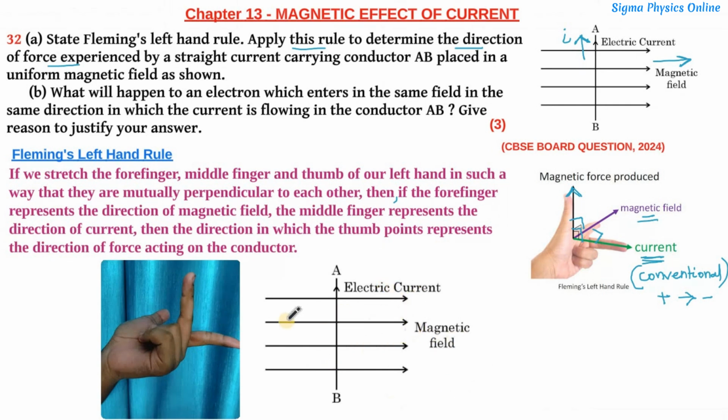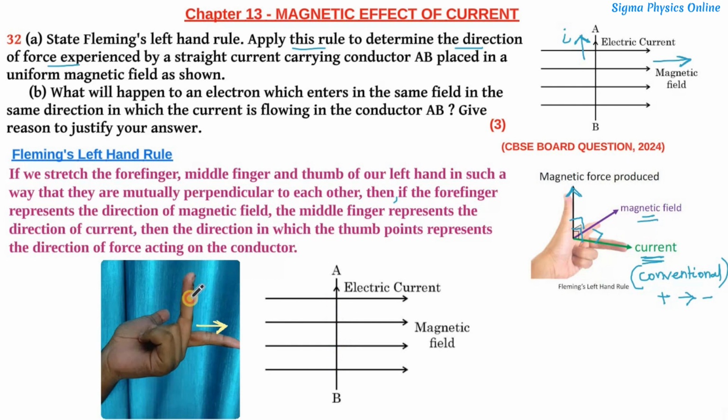Now let us understand this question through this diagram. So here you can see the magnetic field is going from left to right. So we have aligned our forefinger which represents the magnetic field, it's pointing to the right. So the magnetic field B is to the right. Now the electric current which is represented by the direction of the positive charges is pointing upwards because the current is going upwards.